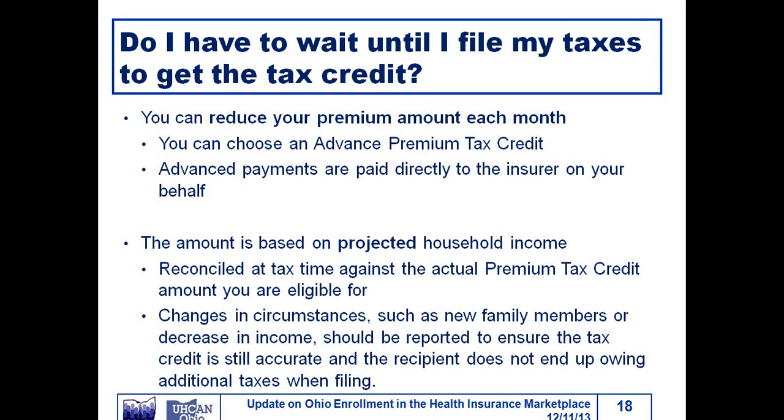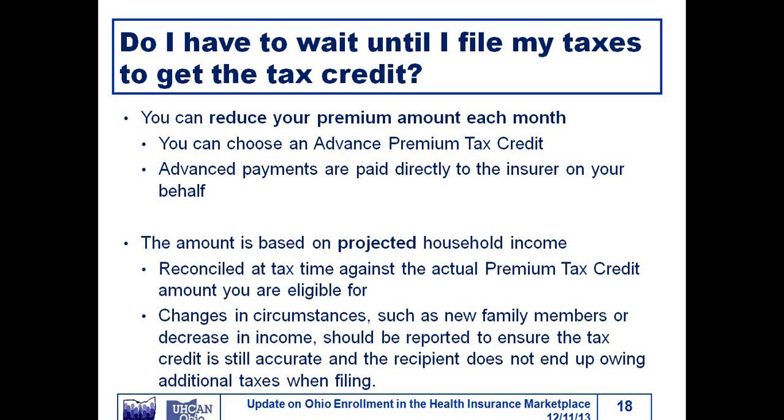So people hear tax credit and they think, well, does that mean I'm going to pay the whole premium up front? I can't afford to pay the whole premium up front and then get a big tax refund at tax time. That's why this is called an advance premium tax credit, because you have a choice.